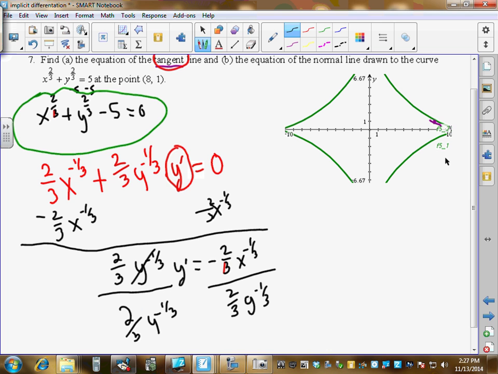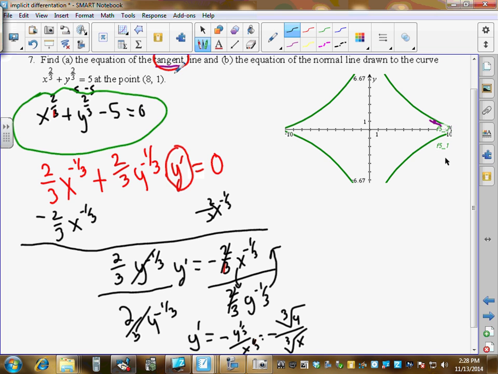This is all going to cancel. We're going to get y' equal to, the 2/3 canceled, which is nice, negative. Notice that these are both negative exponents, but if we flip them, we get y^(1/3) on top, x^(1/3) on bottom, or a better way of saying that is the cube root of y over the cube root of x. So that is our derivative.